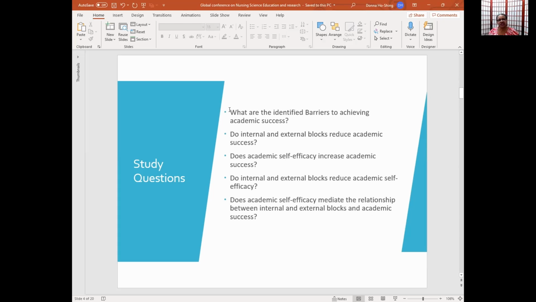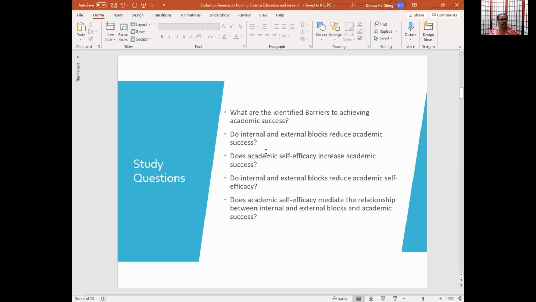I looked at the literature and noted that much of the literature that focused on academic success really looked at academic factors that impede academic success, and not so much those non-academic factors.